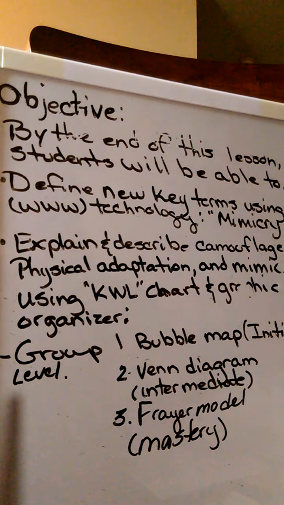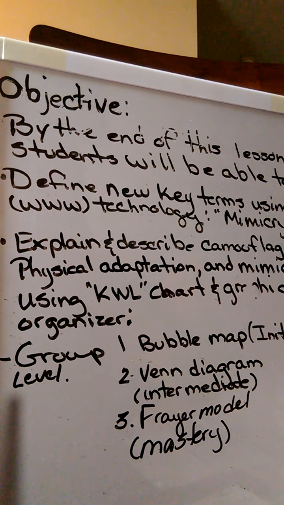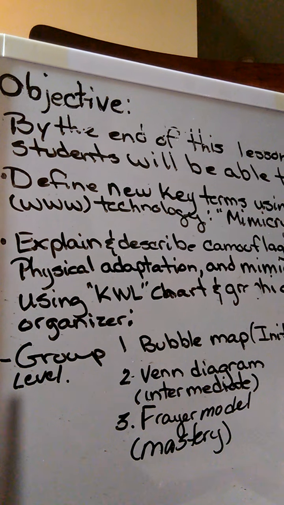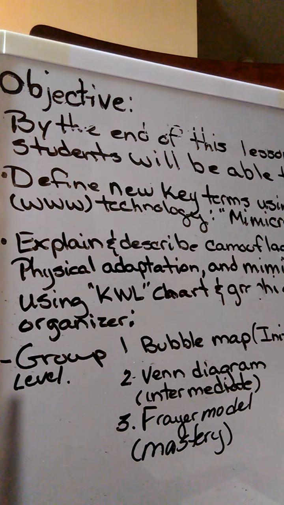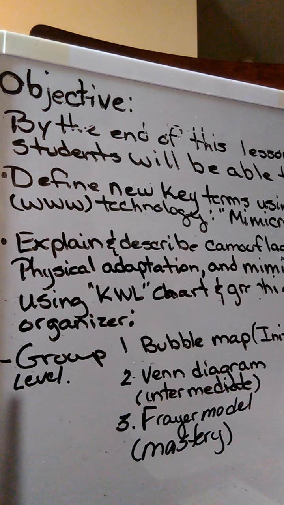Our objective says, by the end of this lesson, students will be able to define new key terms using technology such as our tablet. We're going to define mimicry. Then number 2, it says explain and describe camouflage, physical adaptation, and mimicry using KWL chart and graphic organizer.